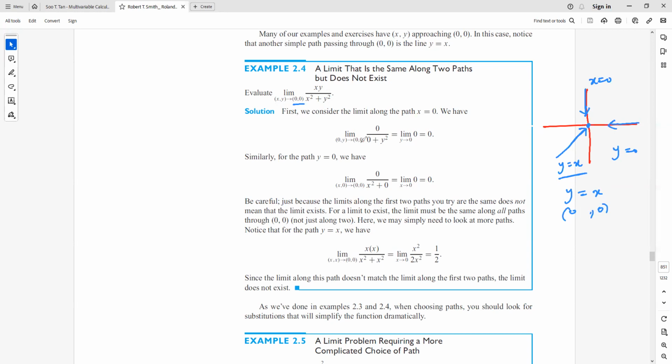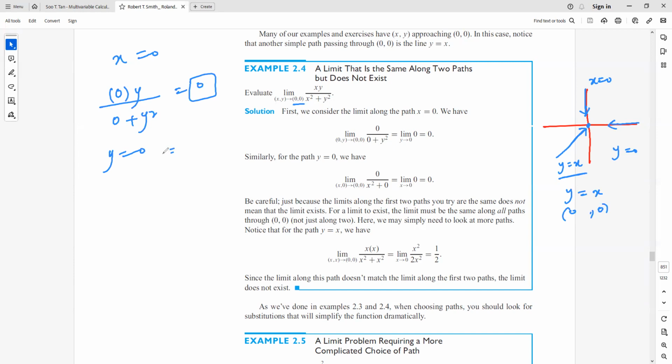Now if we consider the limit along x equals 0, if we put 0 in place of x and retain y, we are going to get 0. For y equals 0, the same thing happens, but it does not guarantee that the limit exists, because we have only checked two paths.